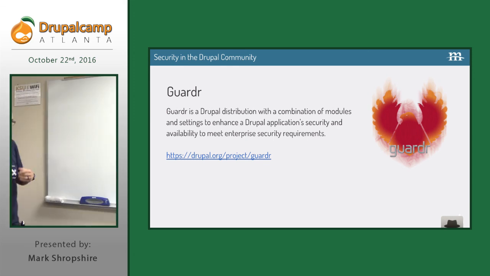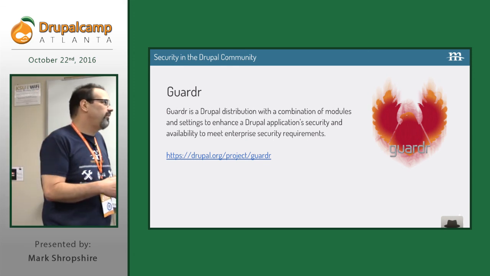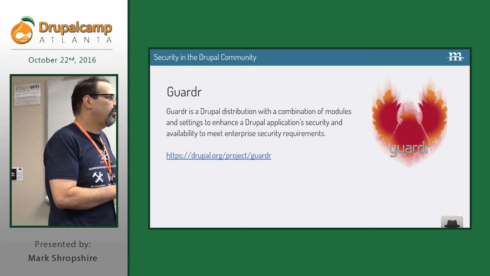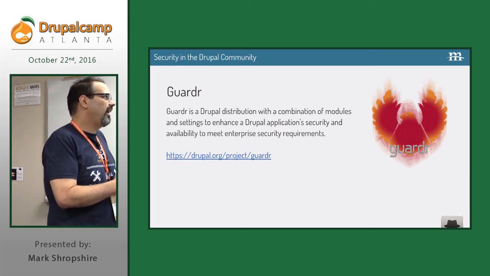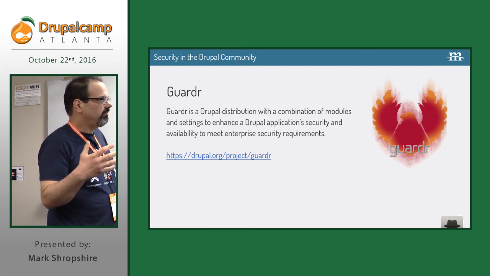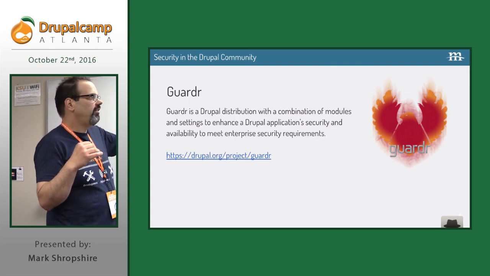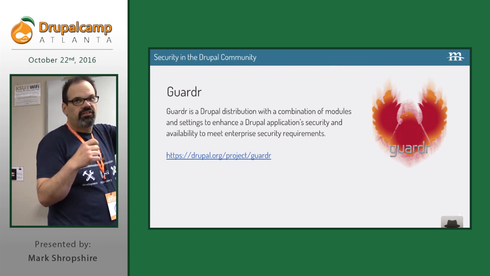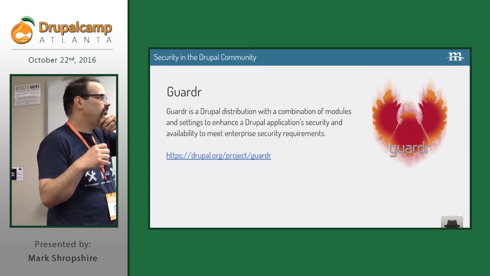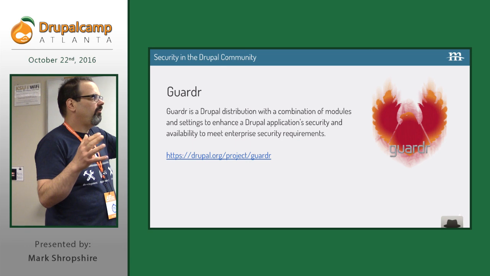I did want to mention Garter. It's much more mature at this point on 7, and we're working on 8. Garter is a distribution that includes things like SecurityKit, which was mentioned for clickjacking and some other bits. David started this with me years ago. It was one of his ideas, and we've worked on it for years.